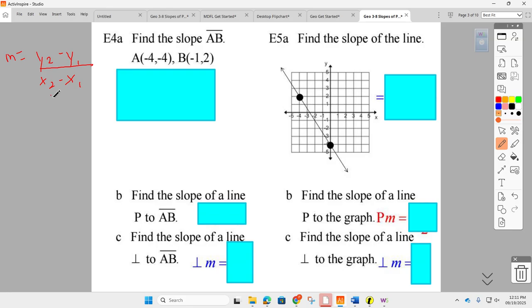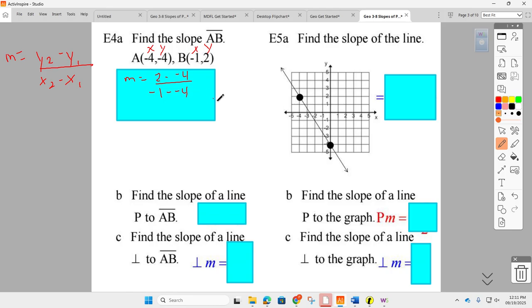So for this example, we want to find the slope of segment AB. We're going to plug it into this formula. The y minus y, remember, ordered pairs, x and y, x and y. So y 2 minus negative 4 over negative 1 minus negative 4.